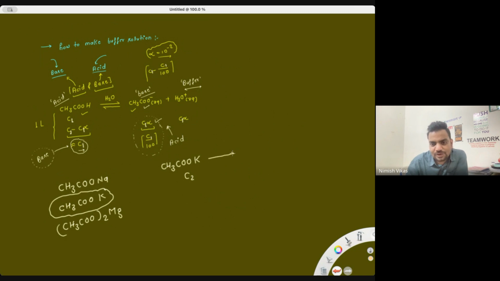Being a strong electrolyte, this will completely dissociate. We got acetate ion plus K+ ion. This was C2 in the beginning. We got C2 of this and C2 of this.